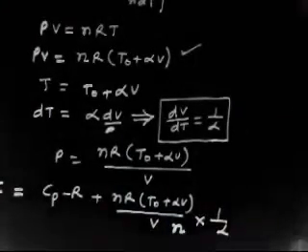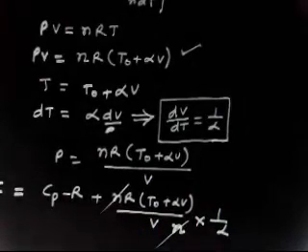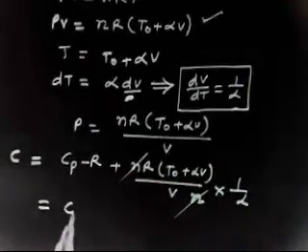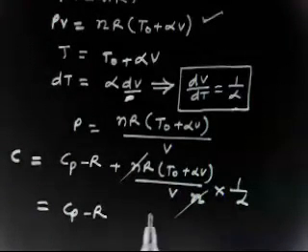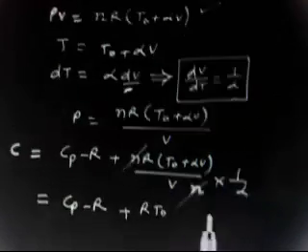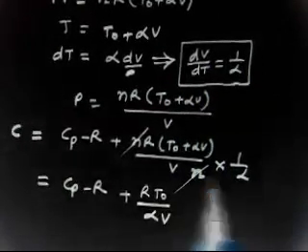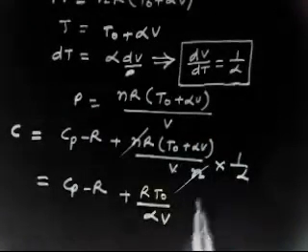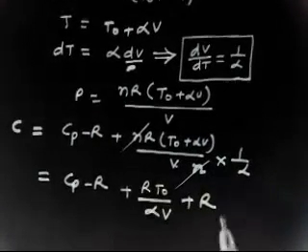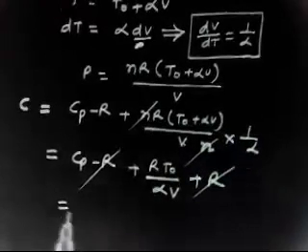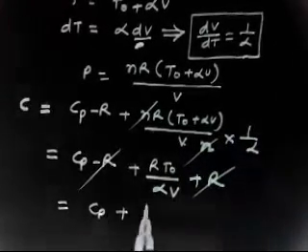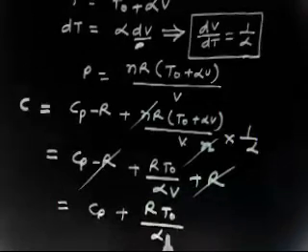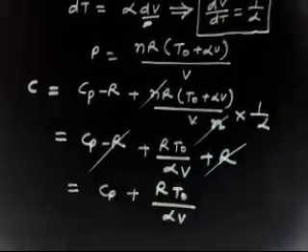I also have to divide by n, so this n goes out. So we will have Cp minus R plus R T naught by alpha V plus R T naught by alpha V. Here alpha V over alpha V goes out, so we simply have R. So this R goes, and we have Cp plus R T naught divided by alpha V. Are you getting? So this is the value of the heat capacity.